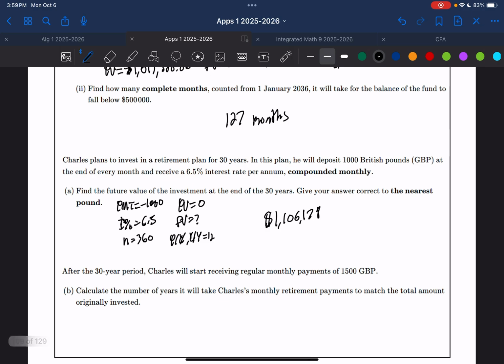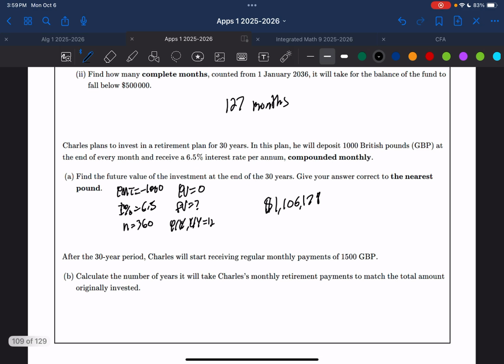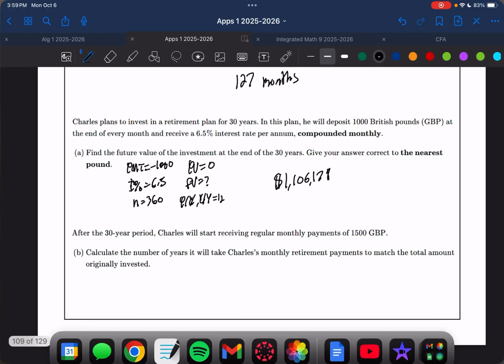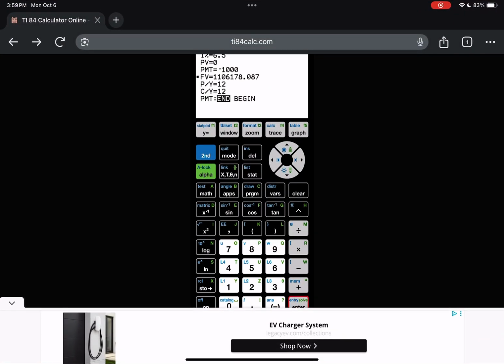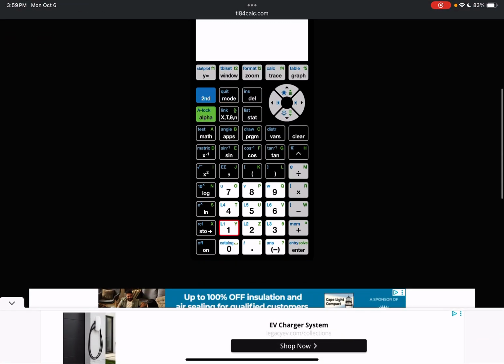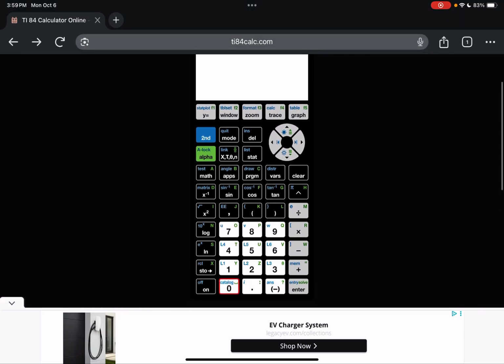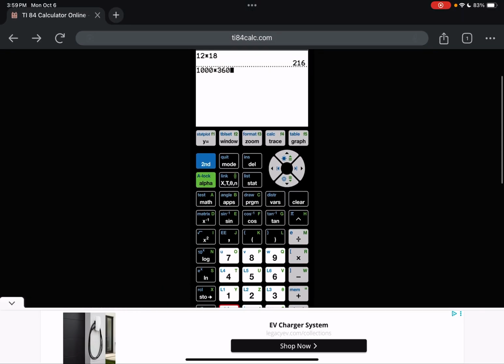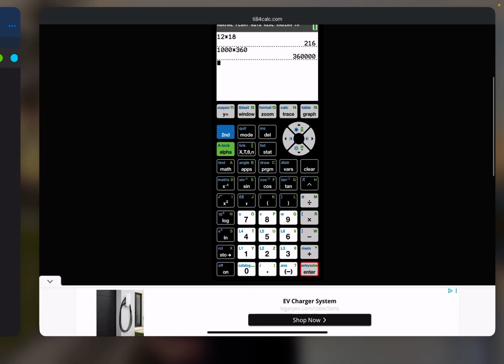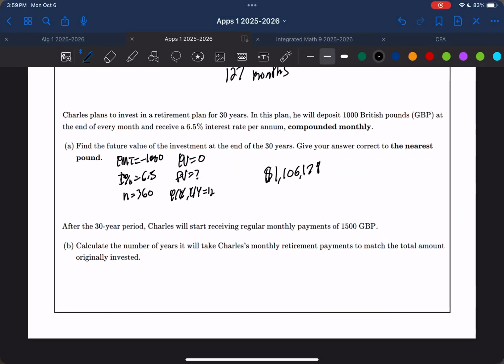All right, so if we want to think about how much was originally invested, that's $1,000 a month times 30 years. So the amount of money originally invested is 1,000 times 360. So that's 360,000.